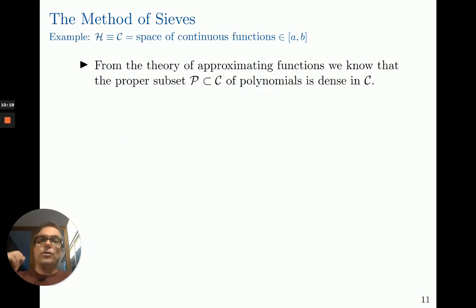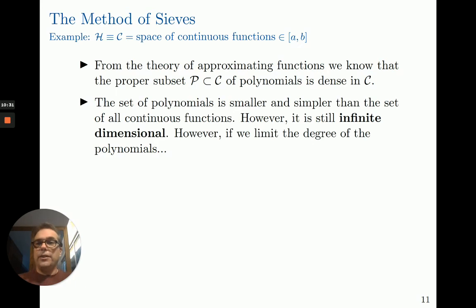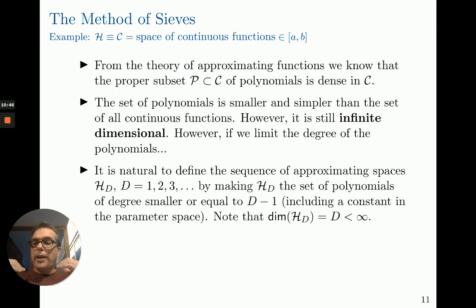So, from the theory of approximating functions, we know that there is a proper subset P of C of polynomials that is dense in C. So the set of polynomials is smaller and simpler than the set of continuous functions. However, it is still infinite dimensional. If we limit the degree of the polynomials, we can make it much simpler.